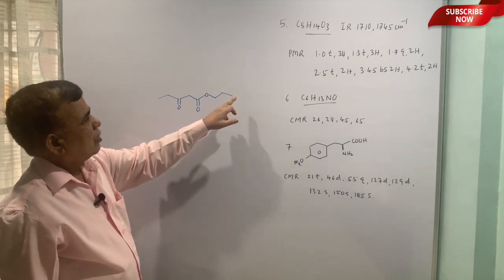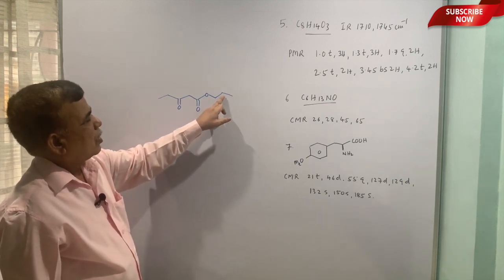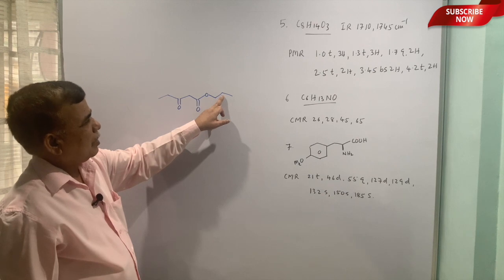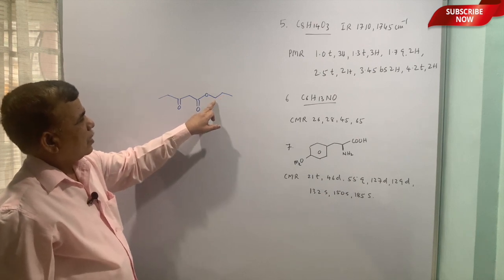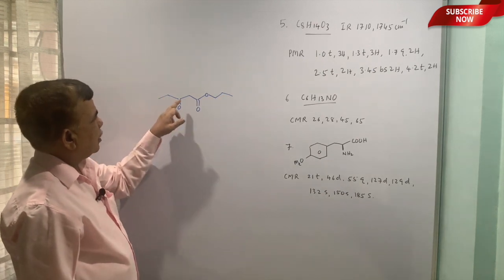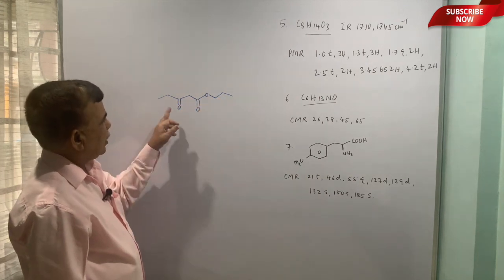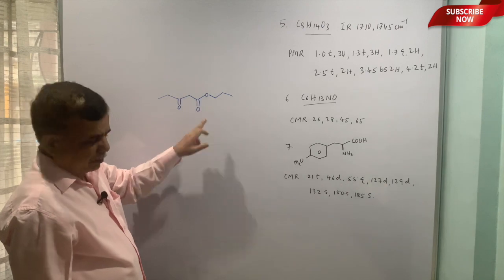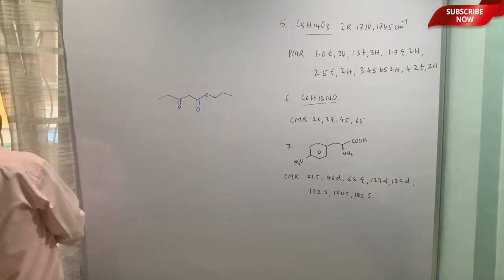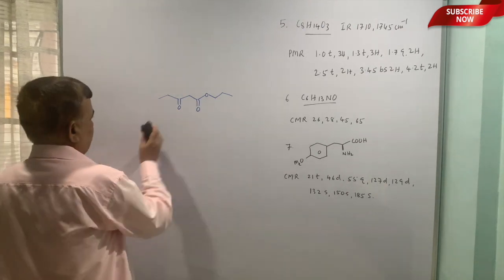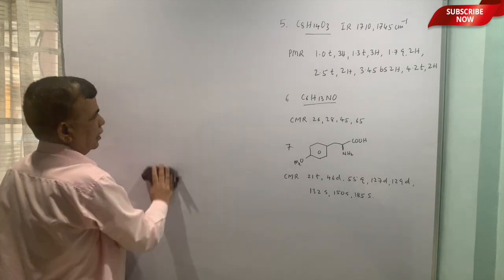So triplet, quartet, like this should be a multiplet, but anyway quartet is given. So this is 1 2 3 4 5 6 7 8 hydrogens, okay, 1710 for this, 1745 for the second functional group, ketone and ester, they are there.